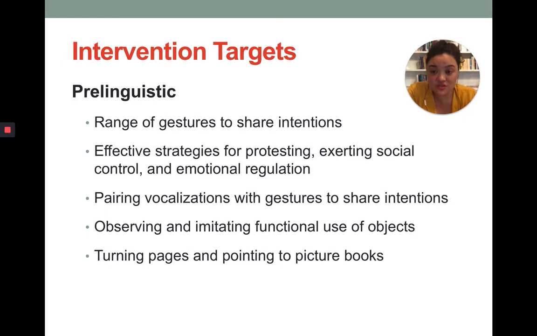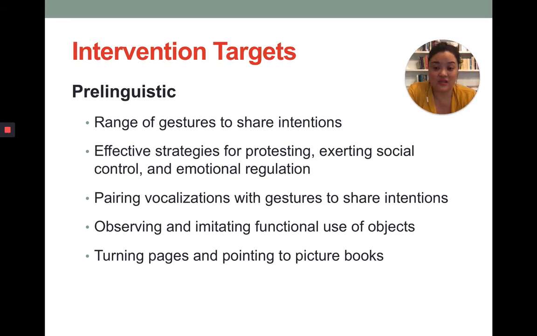So for those students who are in the pre-linguistic stage, some intervention targets might be teaching students to use gestures to share intentions, right? Teaching them appropriate and effective strategies to protest, right? Exert social control, so tell people to stop or do this, right? And to regulate their emotions, right? To say, I'm sad, I need help, right?